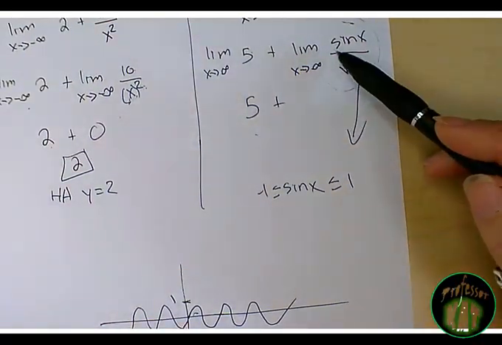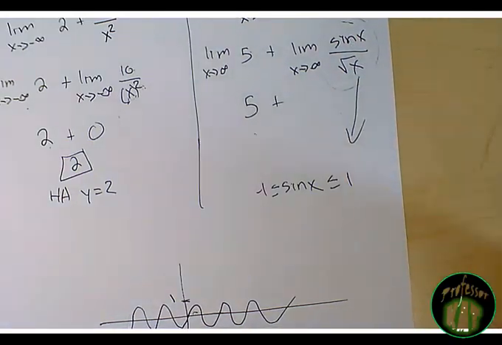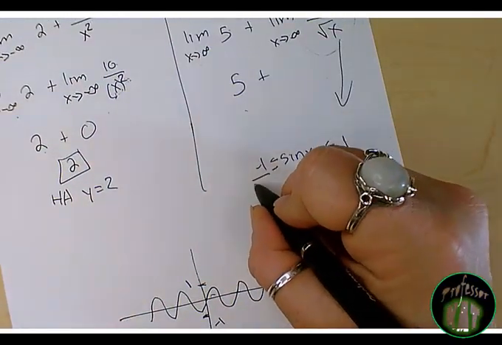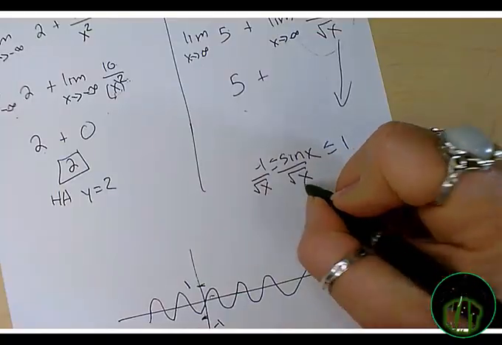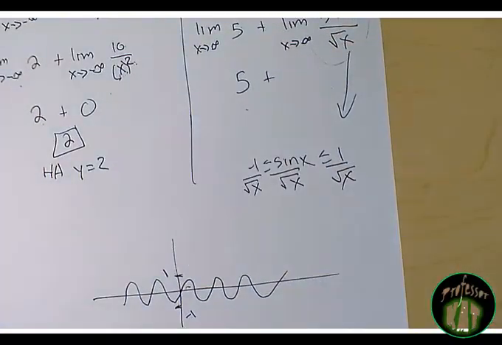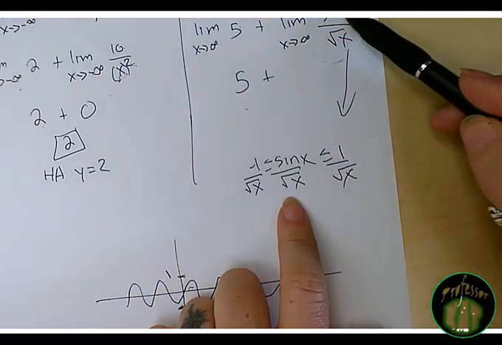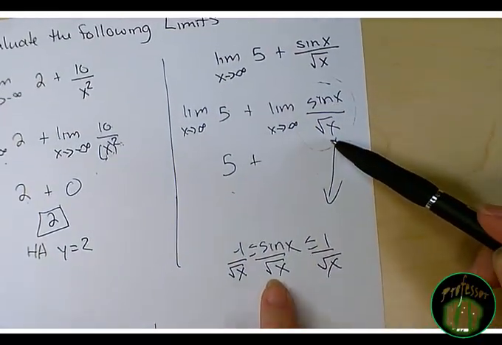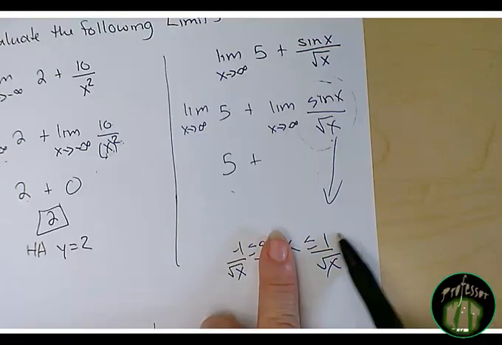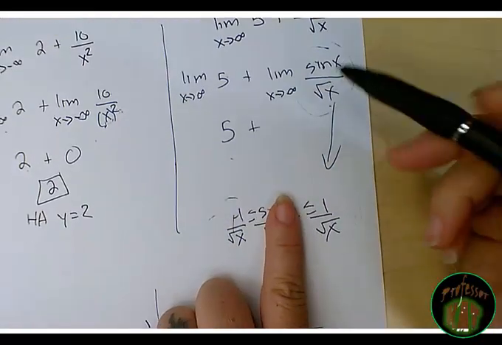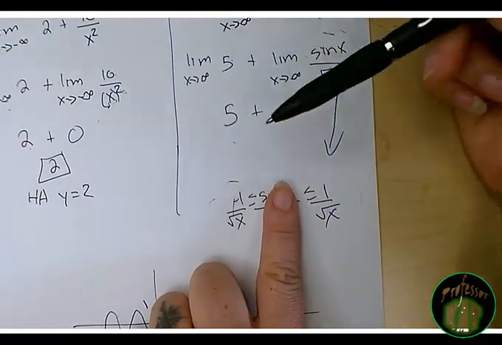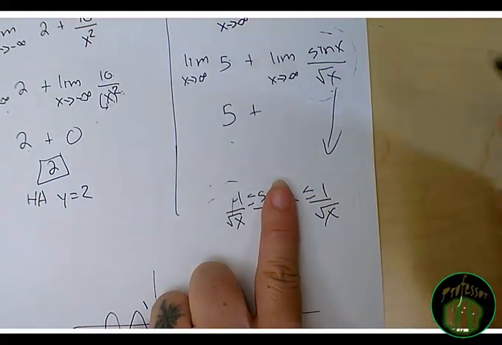Now, our function is not just sine x, it's sine x over the square root of x. So if we take each one of these and put them over the square root of x, we can now claim that sine x over the square root of x is less than this function, but greater than this function. Take a look at where these functions would go.